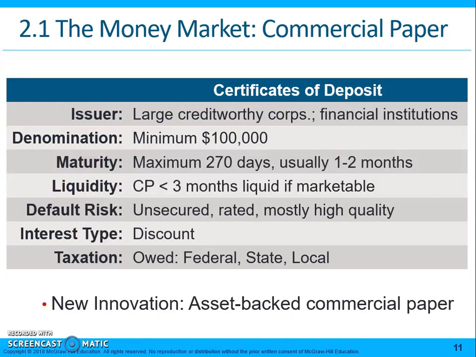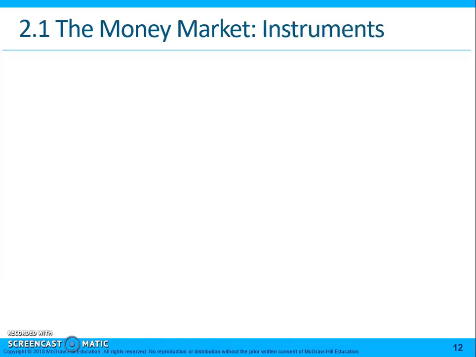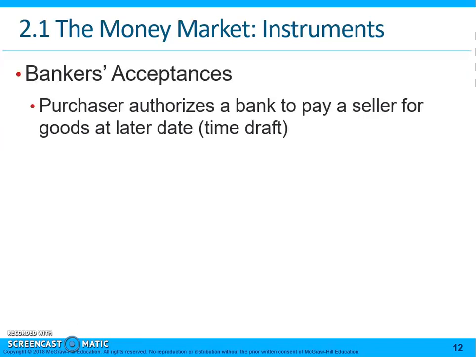A new type of commercial paper is asset-backed commercial paper. It would be tied to some sort of underlying asset. Other instruments: bankers' acceptances. In a banker's acceptance, a purchaser authorizes a bank to pay a seller for goods at a later date.